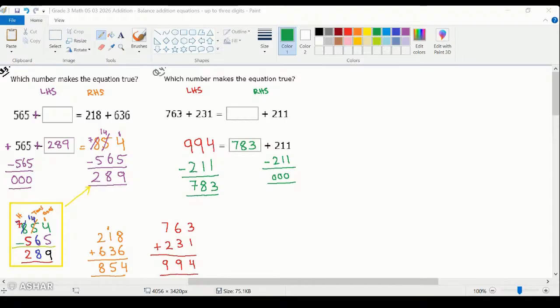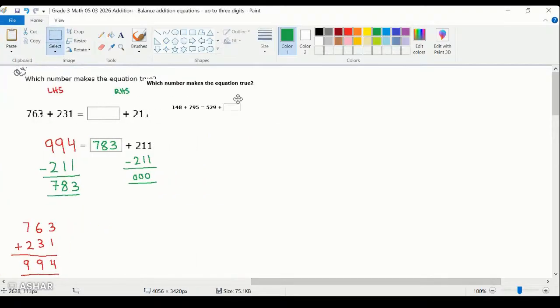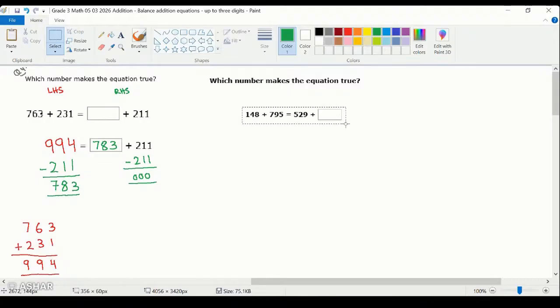Next question says, which number makes the equation true? For the given values, question number 5. This is our given question, question number 5.